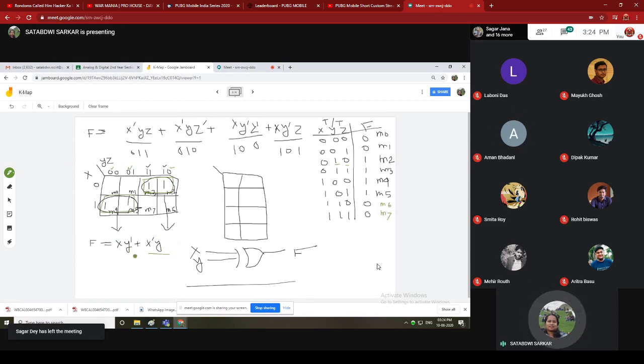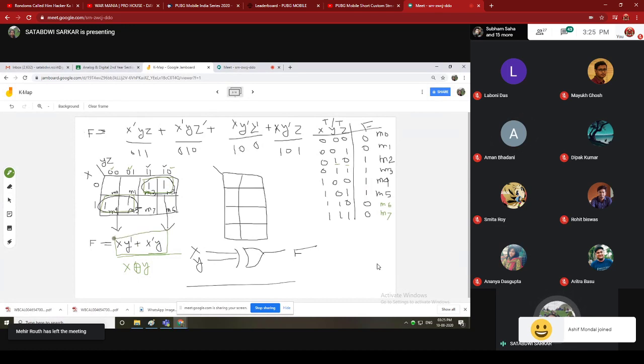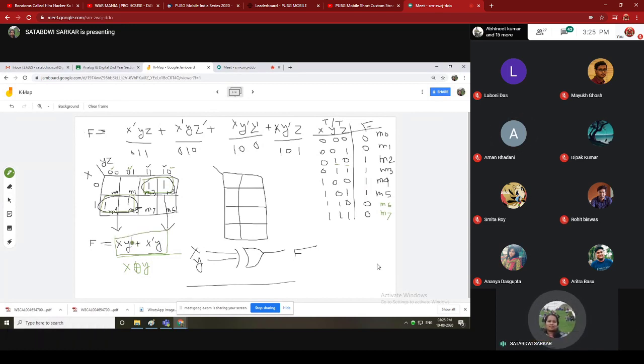Okay, so from this we can see that it is x y bar and x bar y. This is like x XOR y. So this is an expression of XOR gate. This expression is like a b bar plus a bar b. So this is an XOR expression.